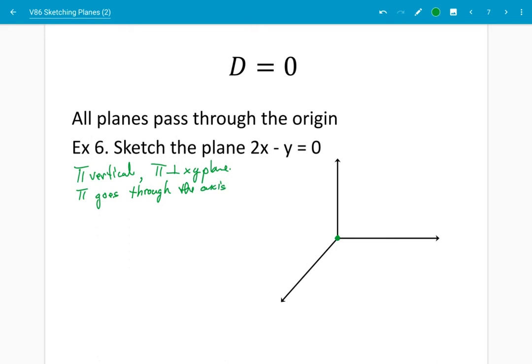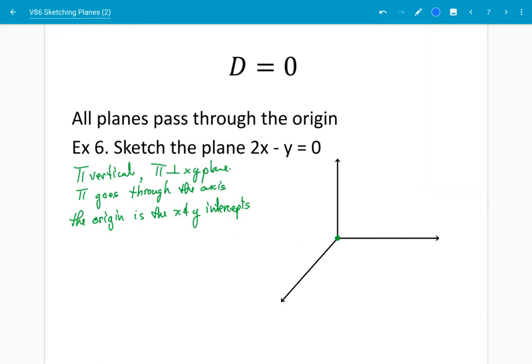The origin is the x and y intercepts. So it's not really helpful to graph this. So we have to do something a little different.